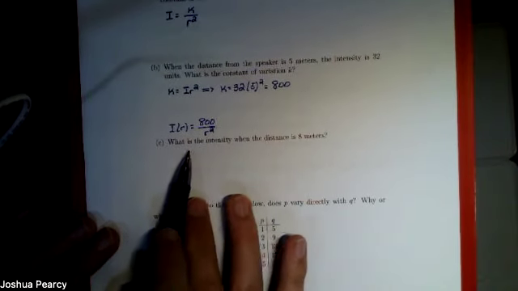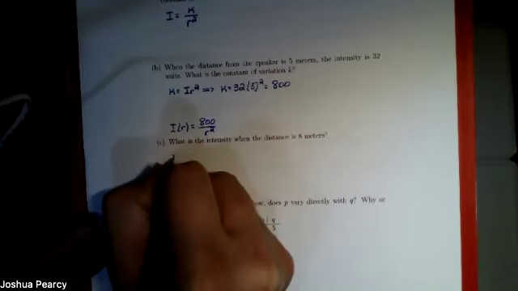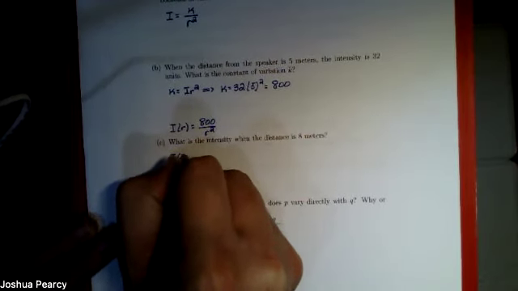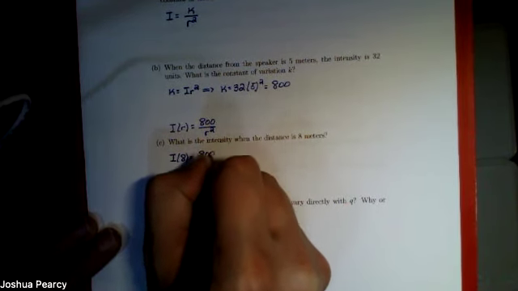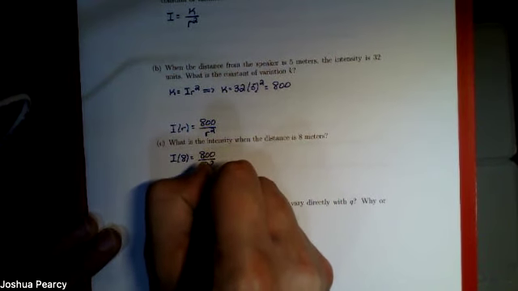So it says, what is the intensity when the distance is 8 meters? So all I'm going to do is plug in this 8 into this formula here. So this would be I of 8. So this is equal to 800 then divided by 8 squared.